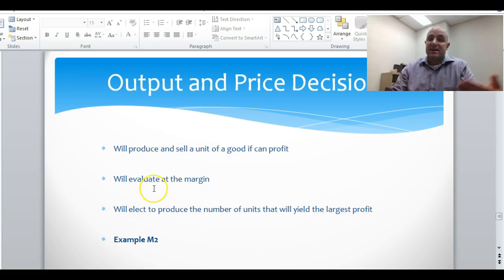They're also going to evaluate at the margin, just like a firm in a perfectly competitive market. Unlike the case in the perfectly competitive market, though, they're going to produce the number of units that will yield the largest profit. All right, so they need to look at cost here as well. So let's break this down and look at an example.